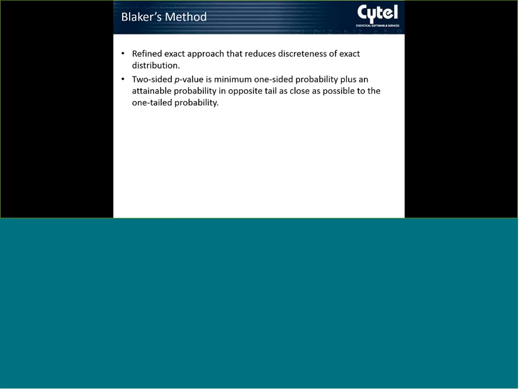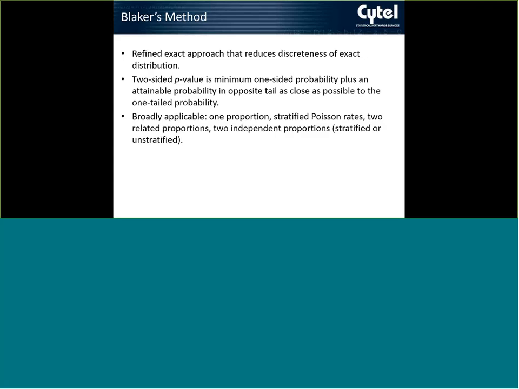And again, what this accomplishes is it allows you to work with a more refined reference set that improves statistical power. It reduces the discreteness of the exact distribution. And as I said before, another advantage of this is it's very broadly applicable.